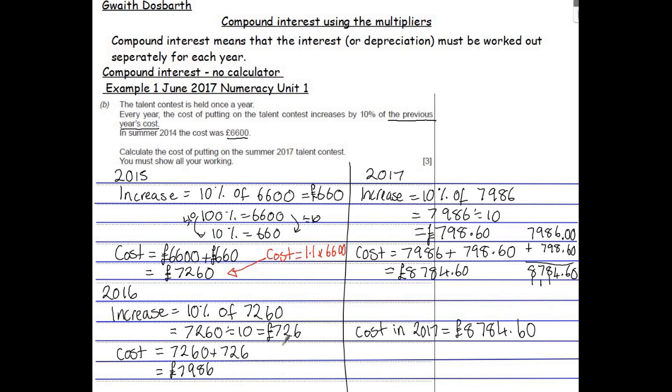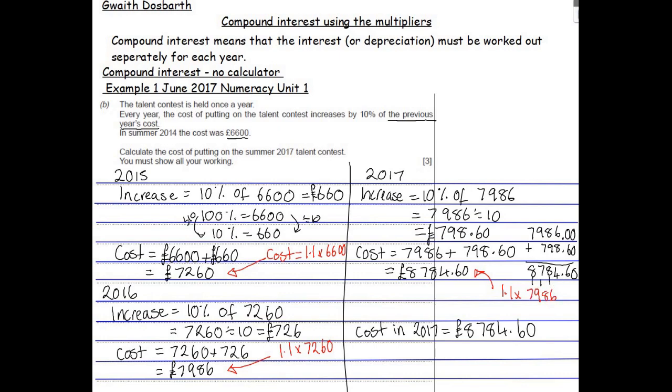And then here again we could have got to here by doing 1.1 times 7,260, and then here by doing 1.1 times 7,986.